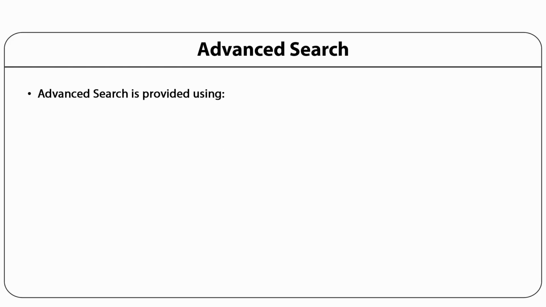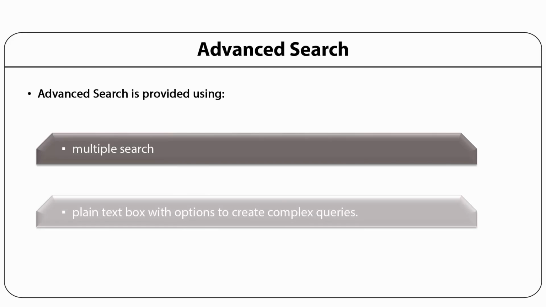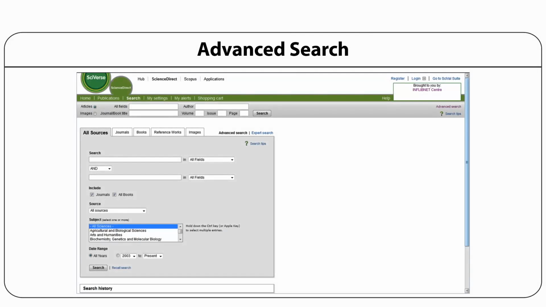Digital libraries provide this functionality by either using multiple search boxes to specify their search query or keyword in relation to specific fields like subject, creator, abstract, title, collection type, time period, geographic location, full text, and other fields, or a plain text box that allows a user to construct his or her search strategy using Boolean operators, proximity operators, parentheses, etc. The advanced search screen of Science Direct provides multiple search input boxes with the options to select the fields related to the search string and a selection option for Boolean operators between the fields.